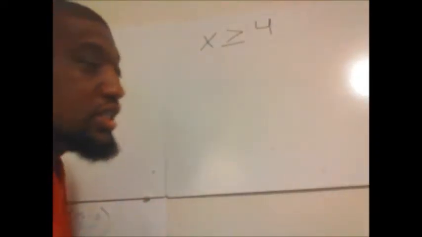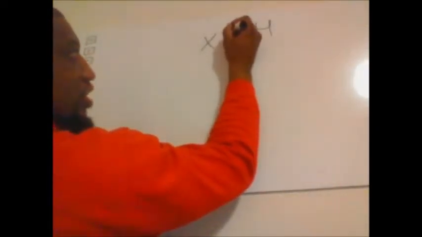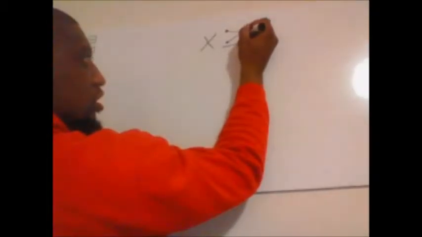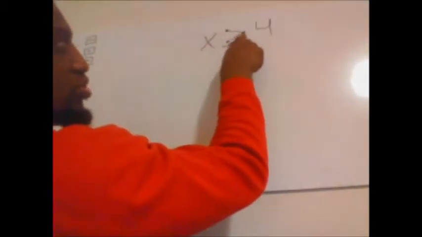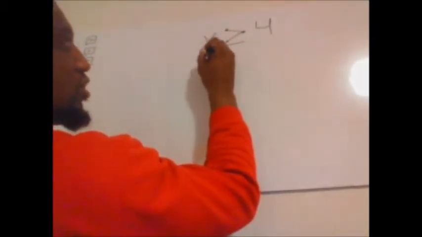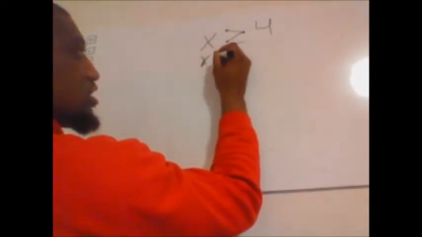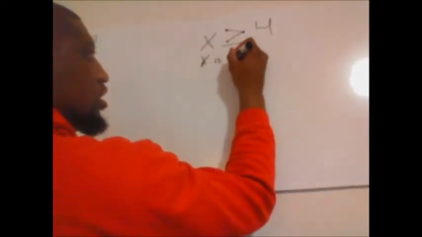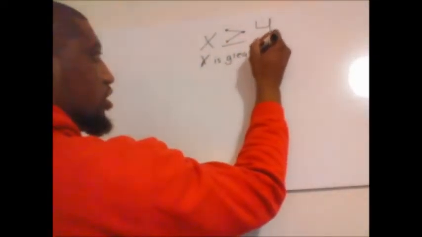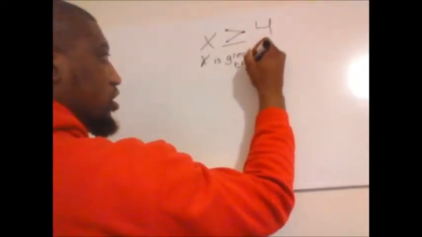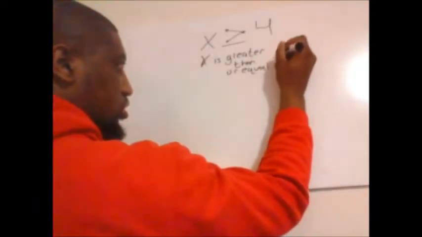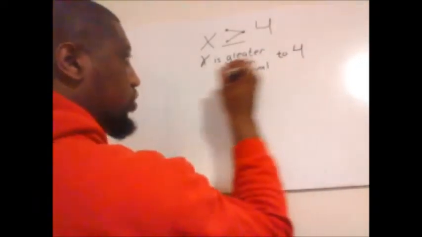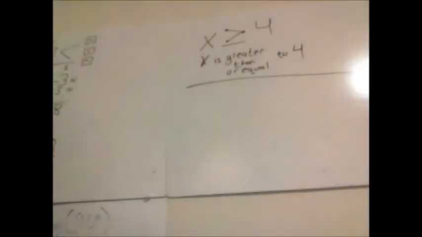What I like to do is I like to put dots on the end of every point, and then I see that two dots are facing the x. So 2 is greater than 1 dot. Therefore, x is greater than or equal to 4. So now I've written it verbally.